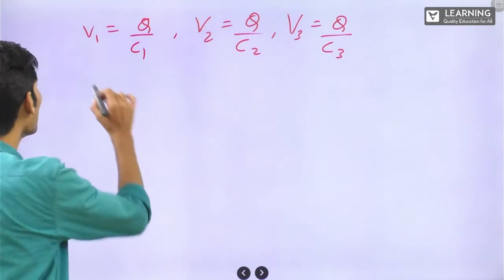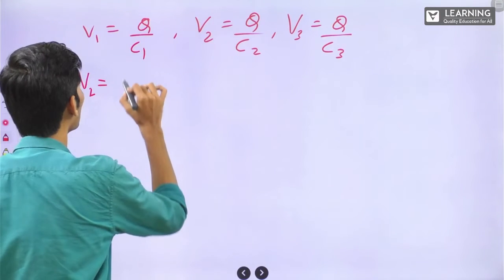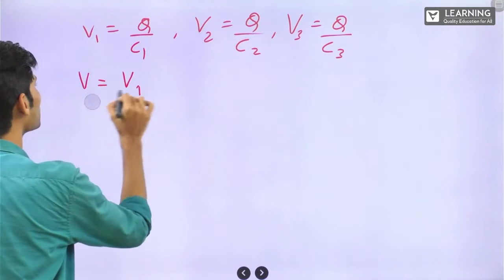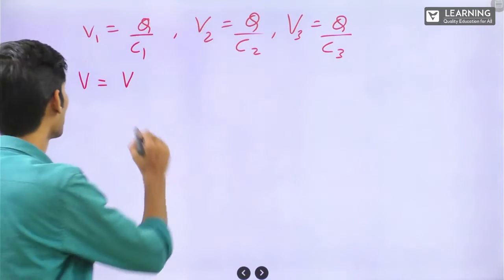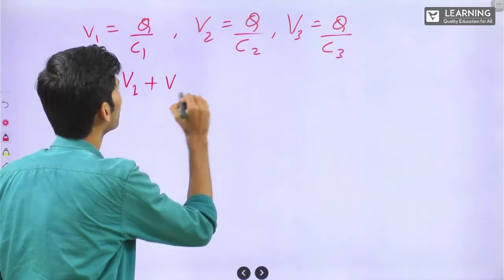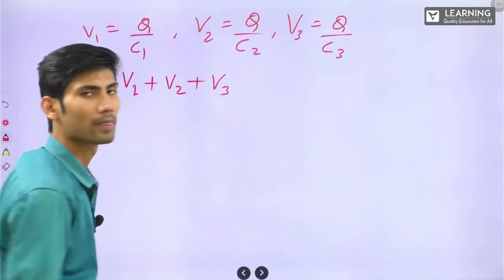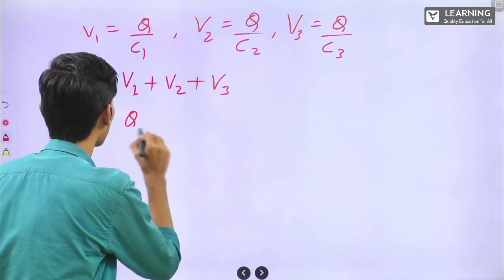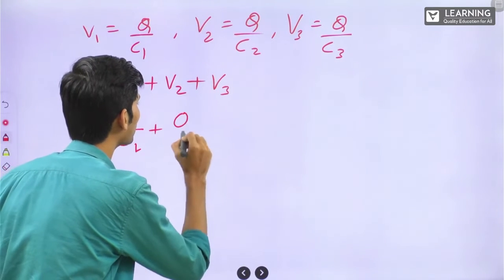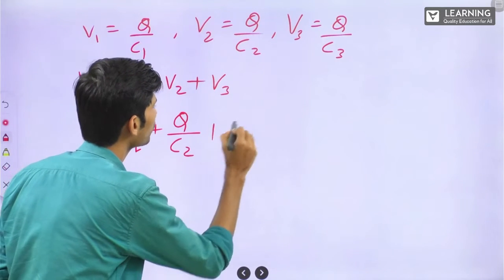Correct? So now V, the total voltage which the battery is providing, is V1 plus V2 plus V3. Correct? That is Q by C1 plus Q by C2 plus Q by C3, right?